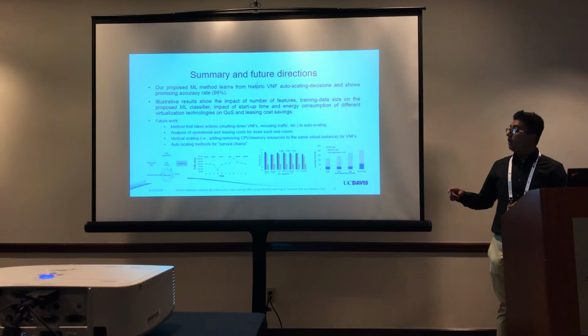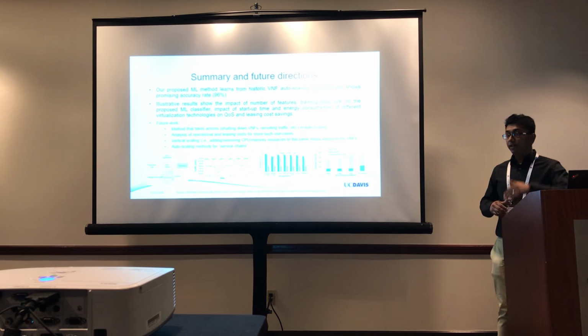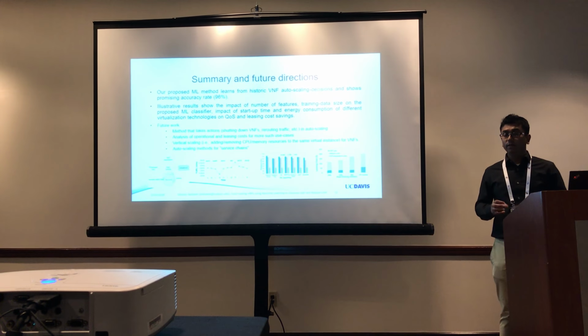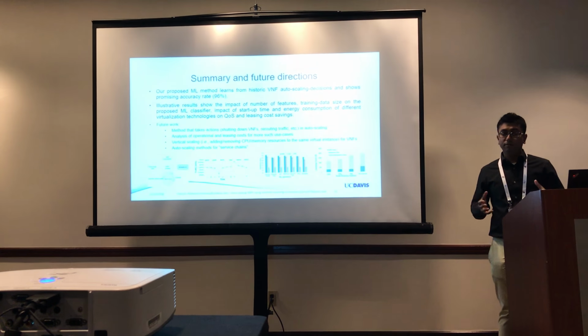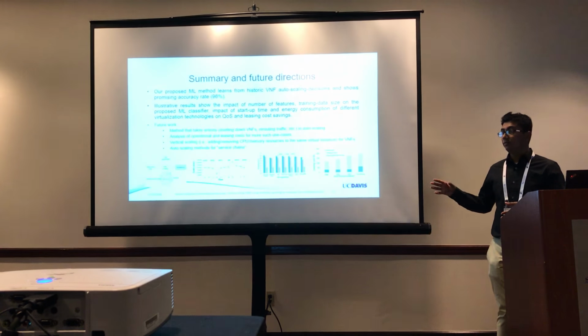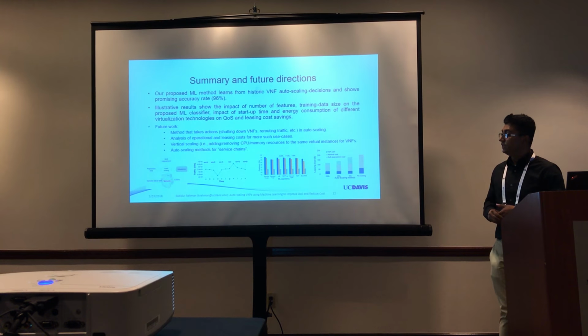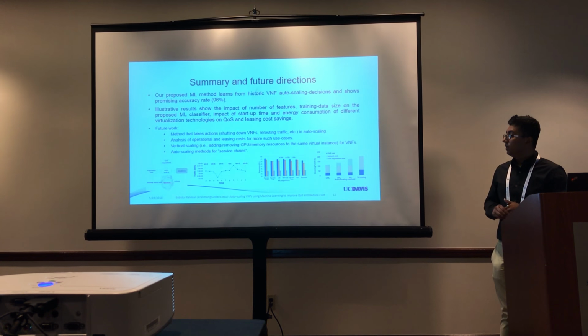But another way of deploying resources is vertical scaling. So you have the same instance, but you add more cores and more memory to that VM, and the solution for that would be a lot different than how we did. That would be an interesting practical way of doing it.